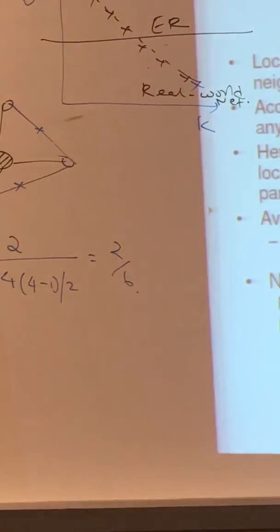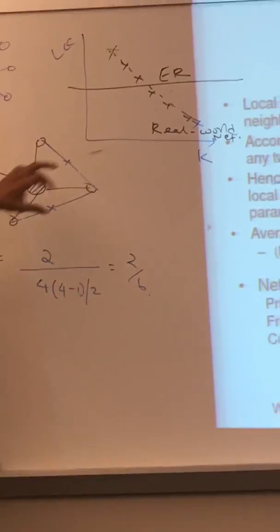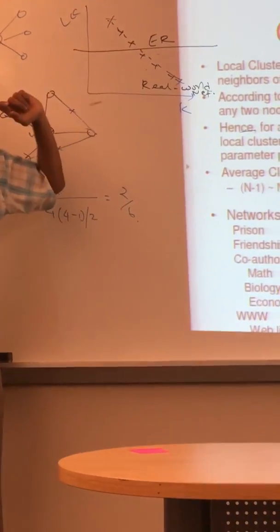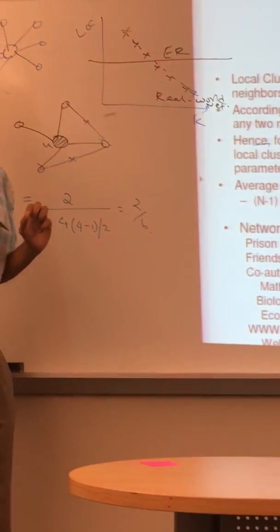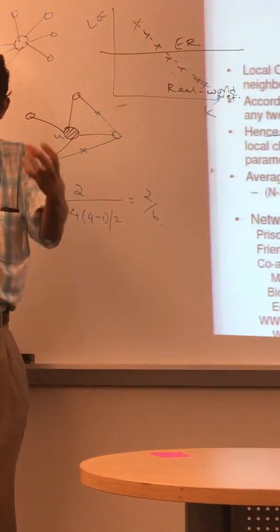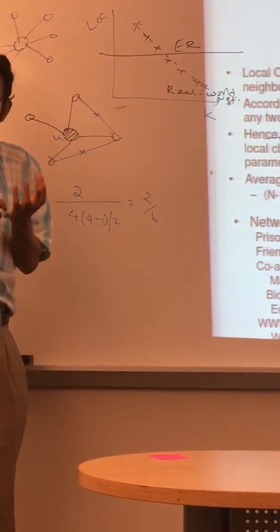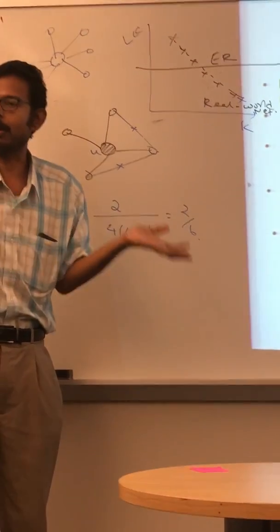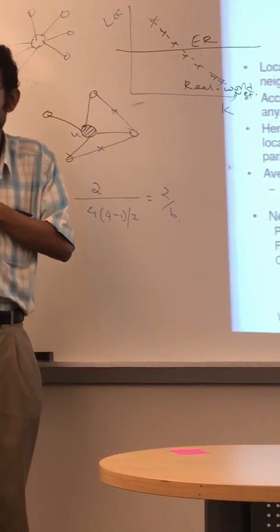So what we are going to do next class is build on top of this. Given a real world network, we can find a metric that will say whether it is close to a random network or far away from a random network.